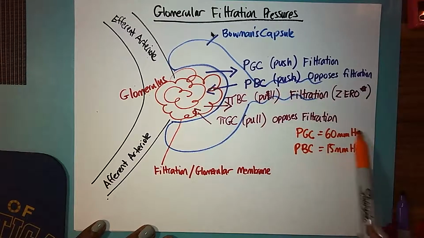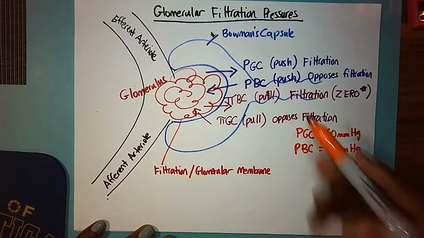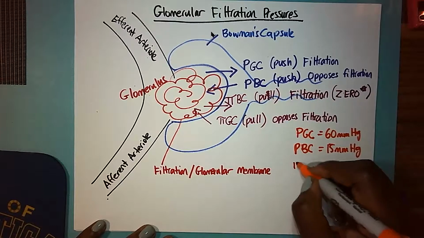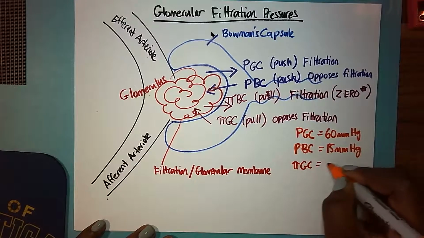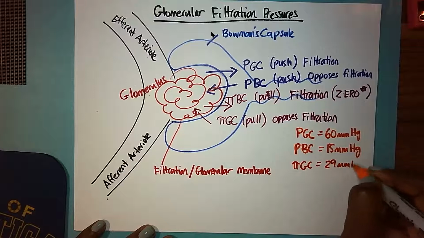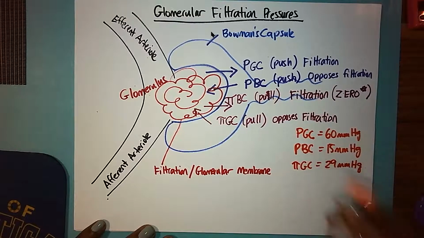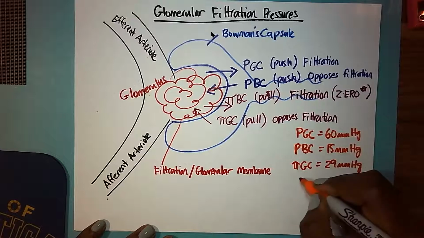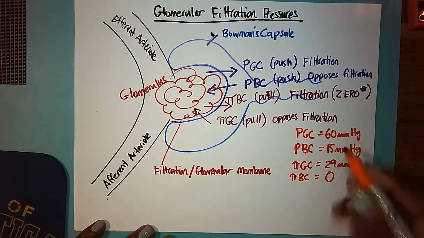So we're gonna have a higher hydrostatic pressure in the glomerular capillary than we do in the Bowman's capsule. The glomerular capillary oncotic pressure is about 29 millimeters of mercury. And we know that the Bowman's capsule oncotic pressure should always be 0.